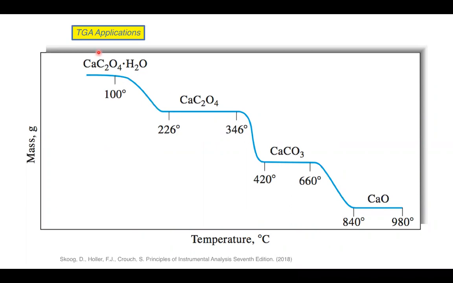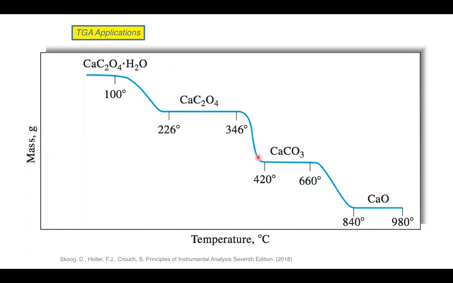We have the calcium oxalate monohydrate, and we burn off the water between 100 and 200 degrees Celsius. Then we reach an equilibrium point where we're just left with calcium oxalate. And then we continue to heat up.